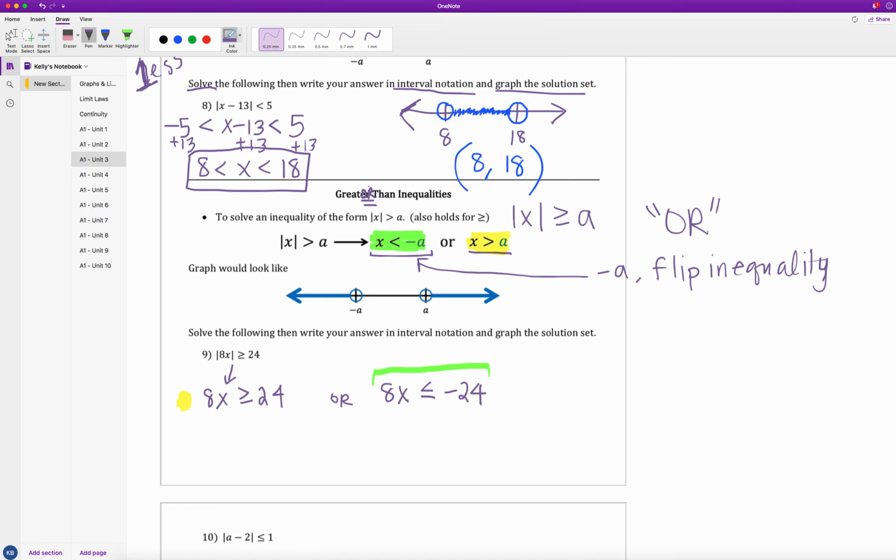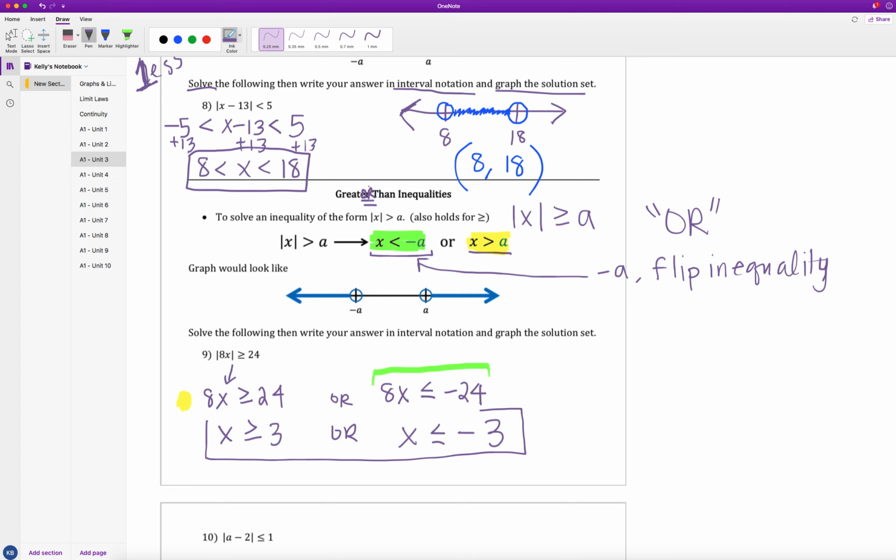So to solve the first inequality statement, I need to divide through by 8. When I divide through by 8, I end up getting x is greater than or equal to 3. I do not flip the inequality because 8 is a positive number, and when we divide or multiply by a positive, I do not flip the inequality. So we get x is greater than or equal to 3, or I have to divide through by 8 again on the second inequality, and I get x is less than or equal to negative 3.